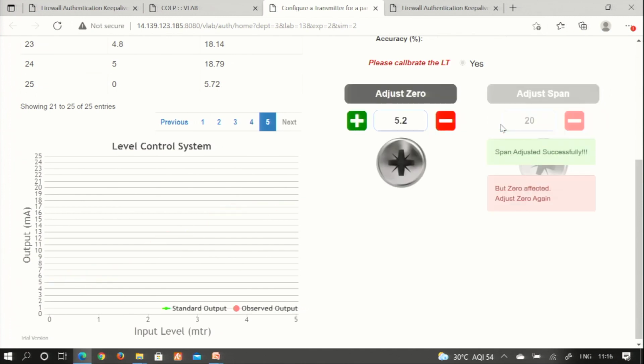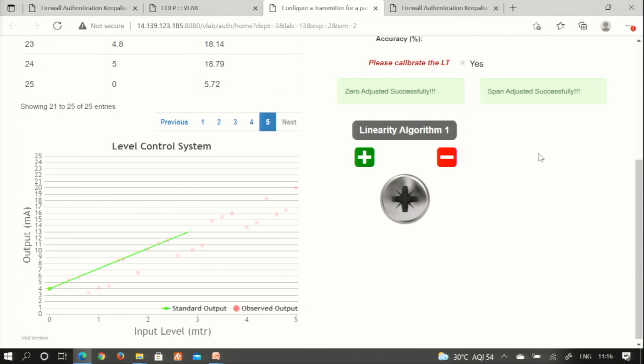So slowly the student will say, oh, I have achieved it, but as a standard practice, whenever you are adjusting span, the slope of the line which you are changing, naturally 0 will get disturbed and I have to adjust that 0 again. That is the procedure, 2 or 3 iterations which you will have to do, and then you will find that you have come to a case where you have adjusted 0 and you have adjusted span also.